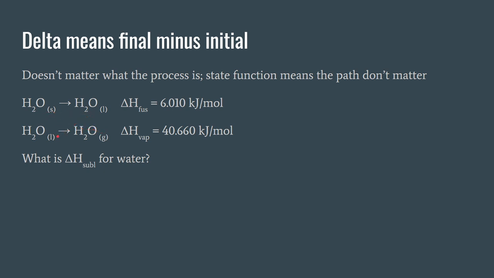From solid to liquid, liquid to gas is the same thing as going from solid to gas in terms of path. Going from A to C, I should say. Meaning that what we're doing is we're adding these two reactions together.